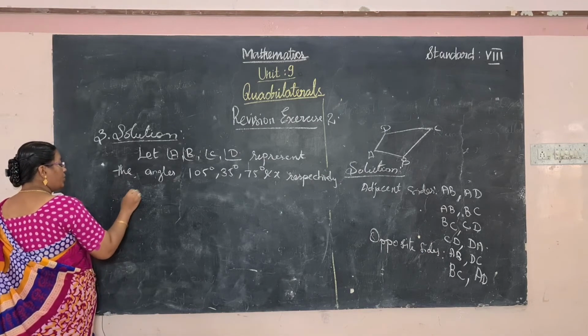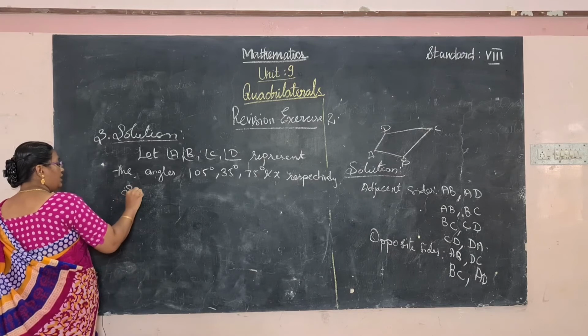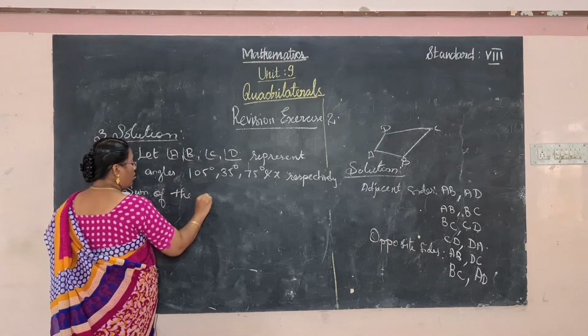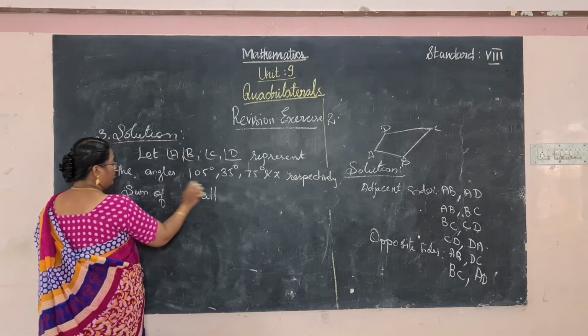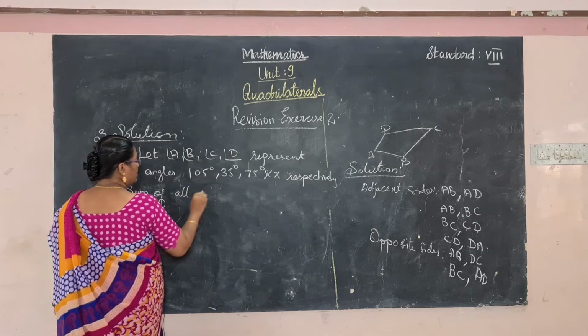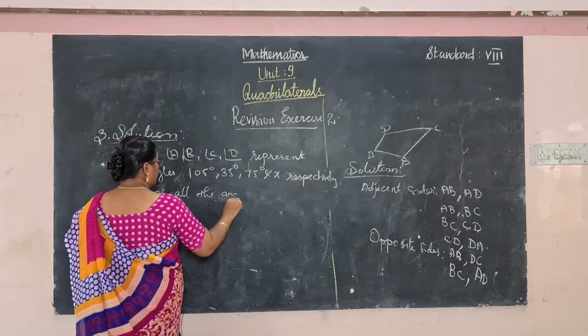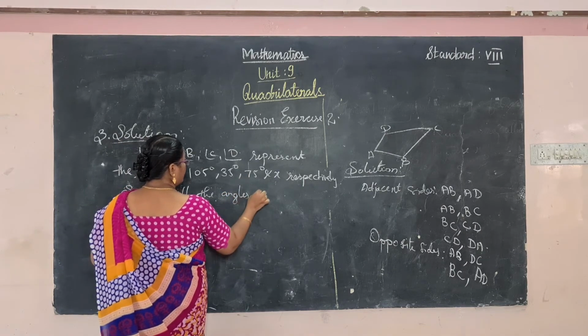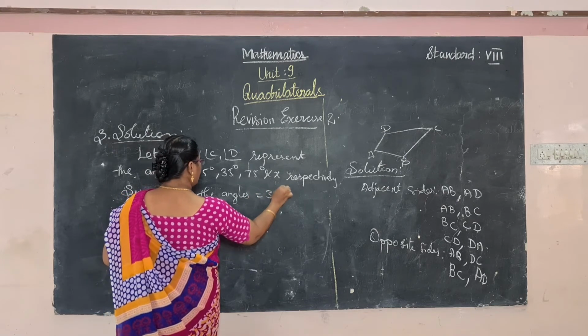What is the angle sum property? Sum of all the angles is equal to 360 degree.